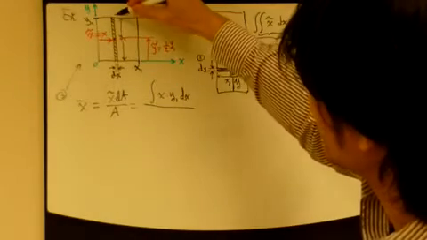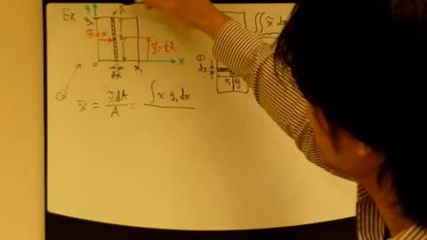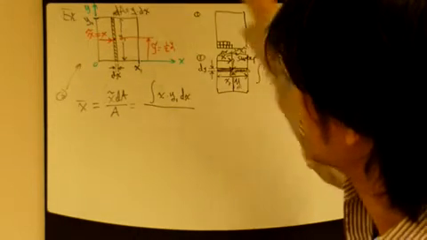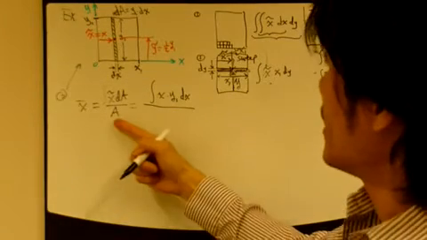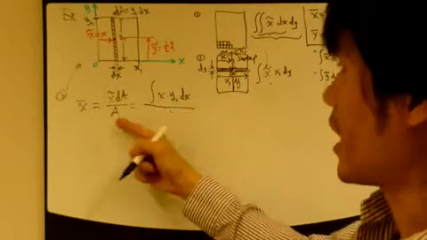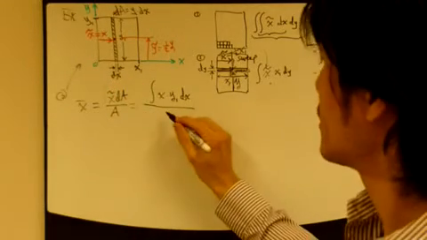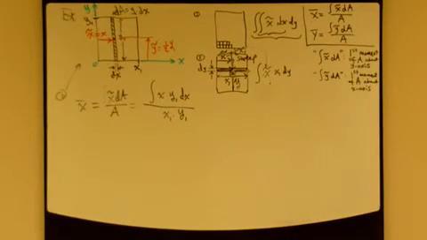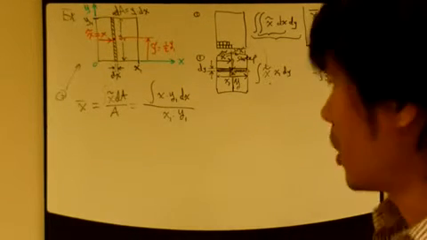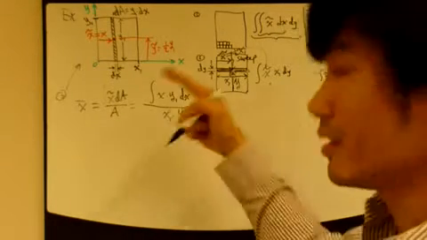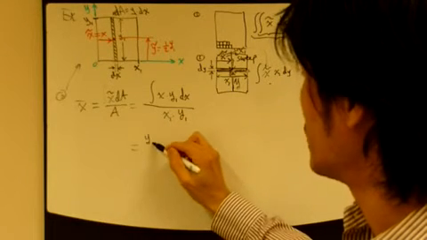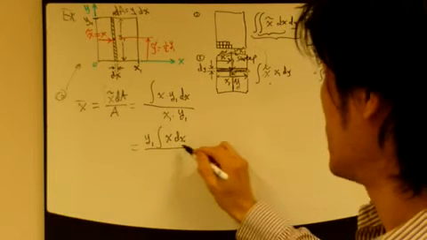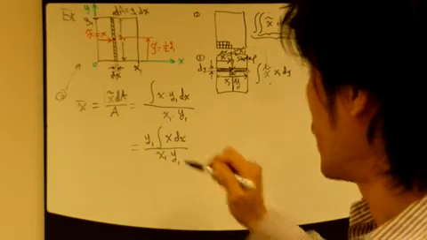Okay? So area equals y1 times this little dA, divided by the area of the whole thing, which is x1 times y1. Keep going. y1 is a constant, so take it out. y1, what's left? X dx, divided by x1 y1.